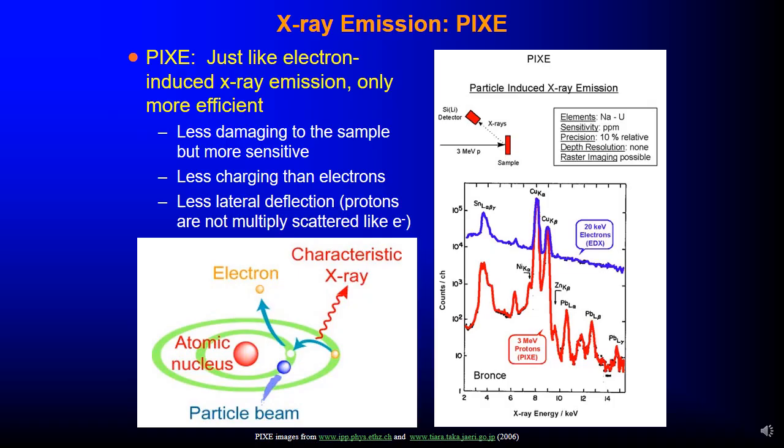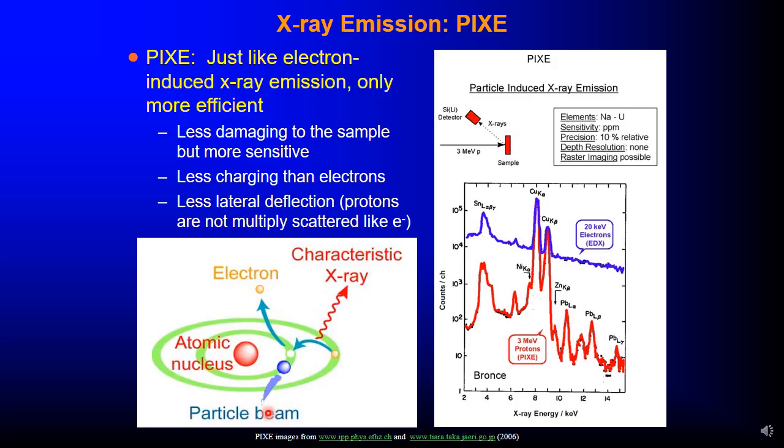You can see, just like electron-induced X-ray emission, only more efficient, less damaging to the sample but more sensitive, less charging than electrons, less lateral deflection. Protons are not multiply scattered like electrons.